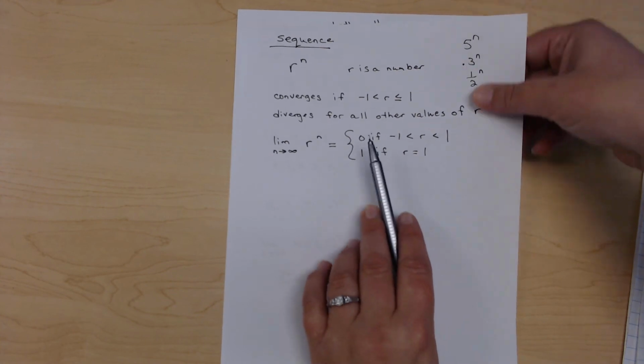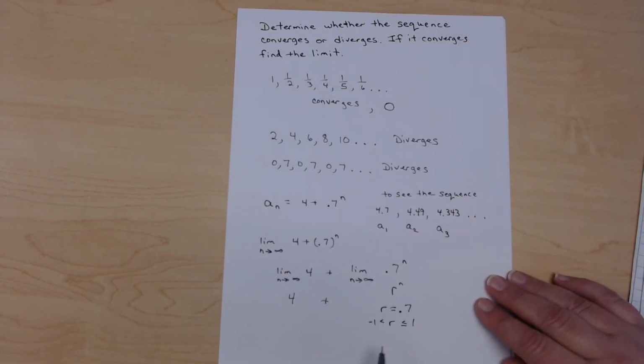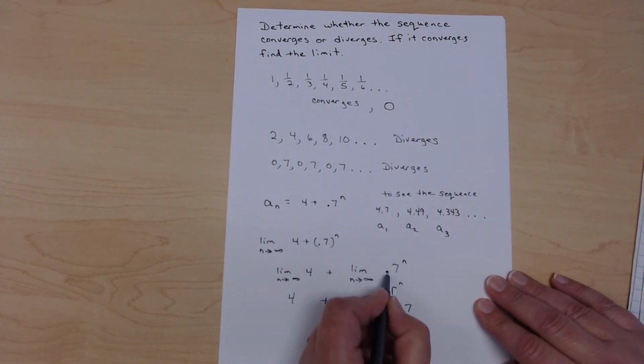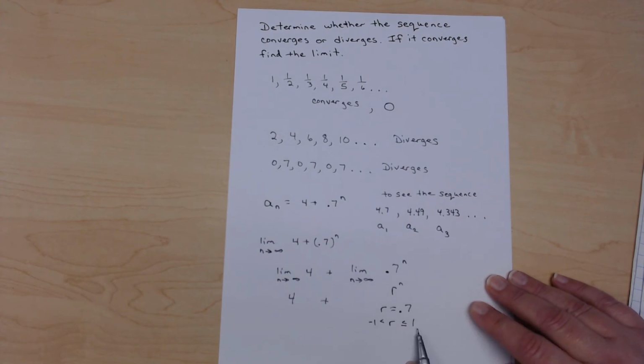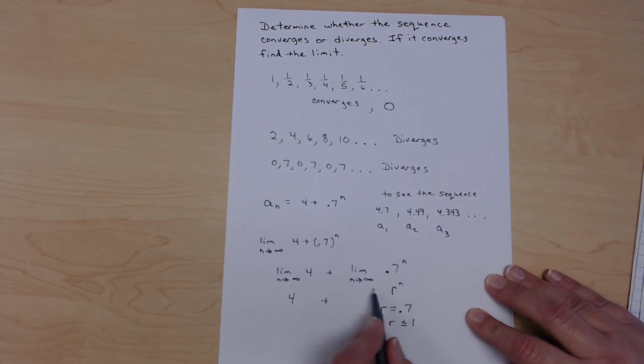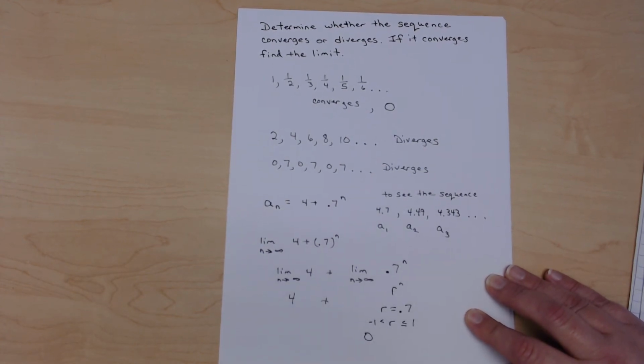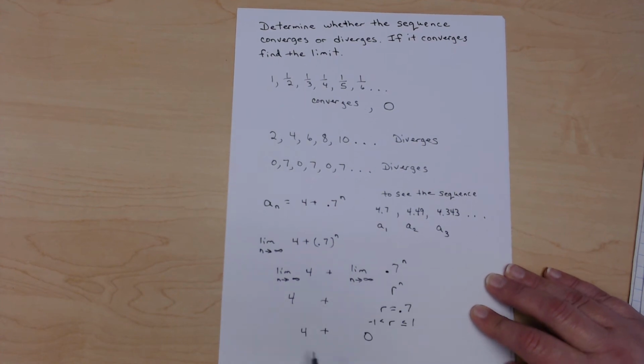That's what we were writing earlier. Because this is 0.7, it falls between -1 and 1, and so therefore I automatically know that this limit is 0. So yes, it converges, and it converges to 4.